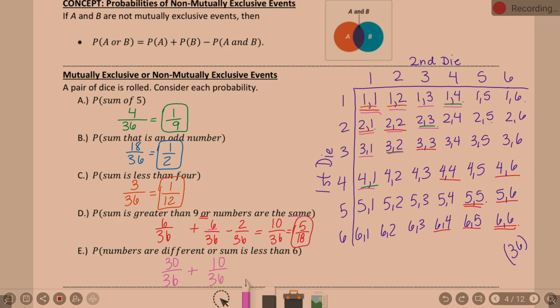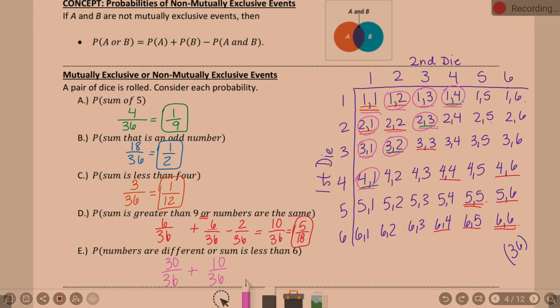But minus which ones? Which ones did we double count? Not 1 and 1 or 2 and 2, where the sum is less than 6 and the numbers are different. So that is 1 and 2, 1 and 3, 1 and 4, 2 and 3, 2 and 1, 3 and 1, 3 and 2, and 4 and 1. Those all got double counted in both groups, didn't they?